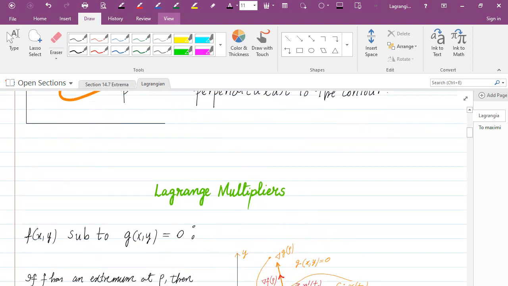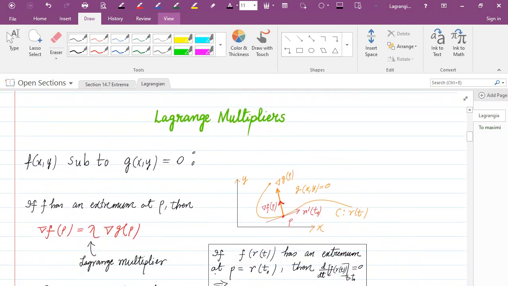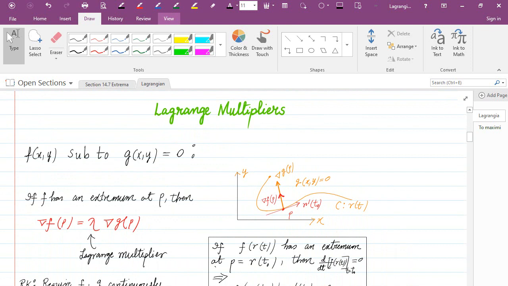Okay, so let's now look at Lagrange multipliers. So again, remember, the goal is to optimize f of x y subject to the constraint equation g of x y equal to 0. Let's say that the extremum, that is the max or the min, of f occurs at the point P satisfying this equation.